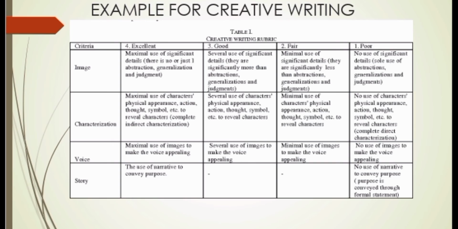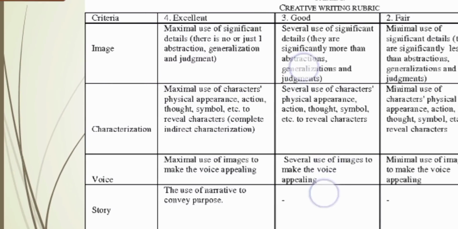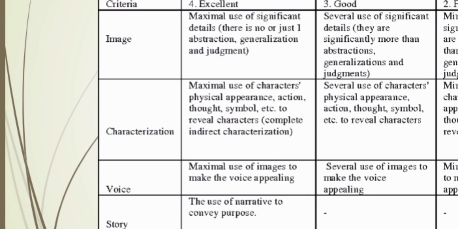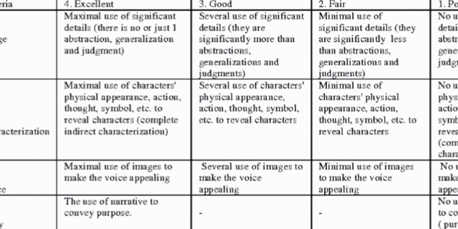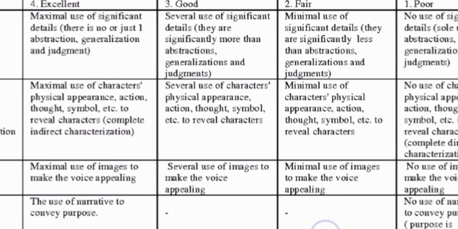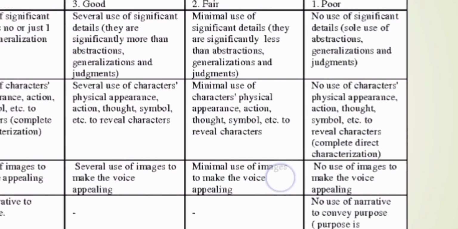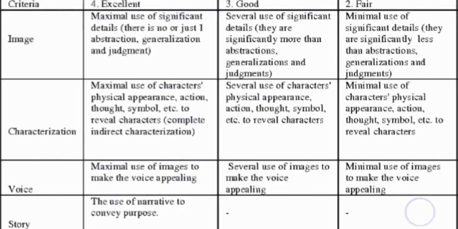This is an example for creative writing. This area here, the image, characteristics, voice, and story, are the criteria or the concepts. And this is how we're going to judge or score: excellent 4, good 3, fair 2, poor 1.